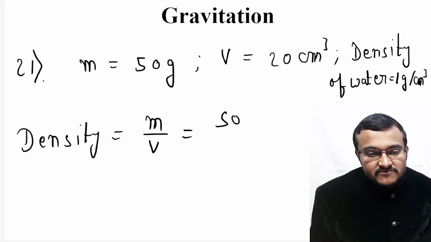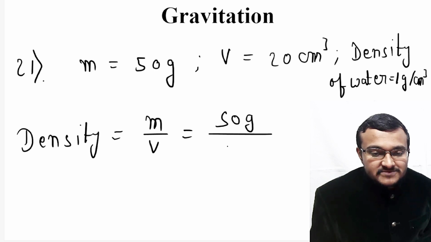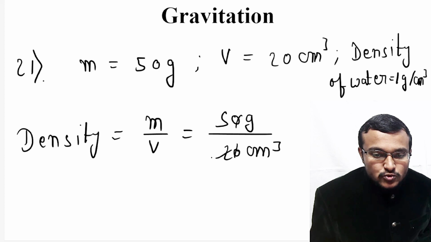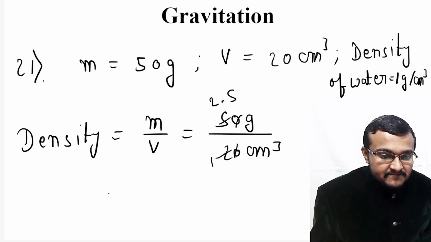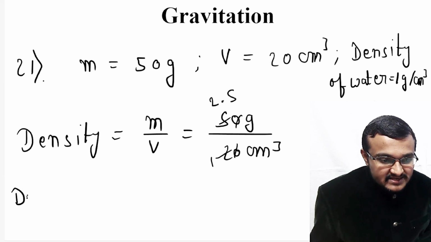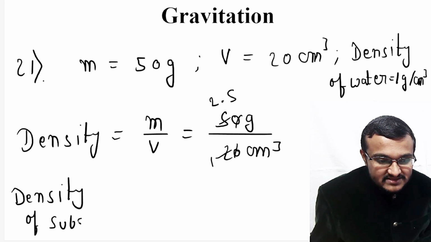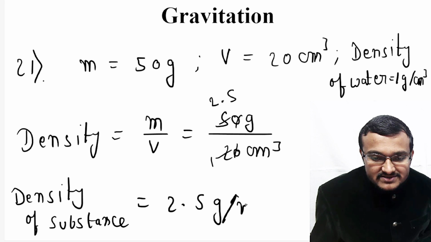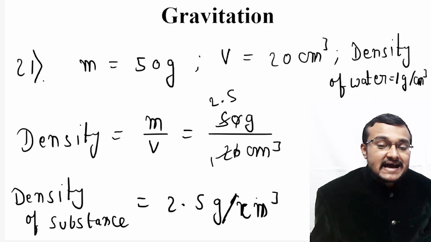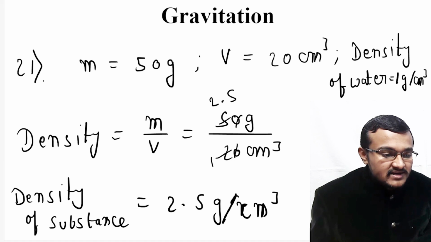The mass of this object is 50 gram, and the volume is 20 centimeter cube. So the 0s get cancelled with each other. 2 1s are 2, 2 2s are 4, 1 will be remaining. So now you can put a decimal point, it will become 10. So 2 5s are 10. So 2.5. So the density of the substance is equal to 2.5 gram per centimeter cube.